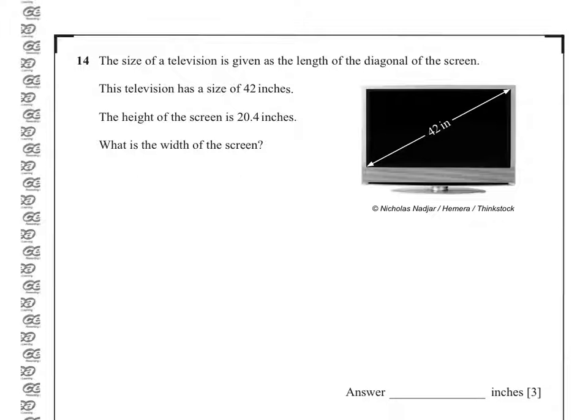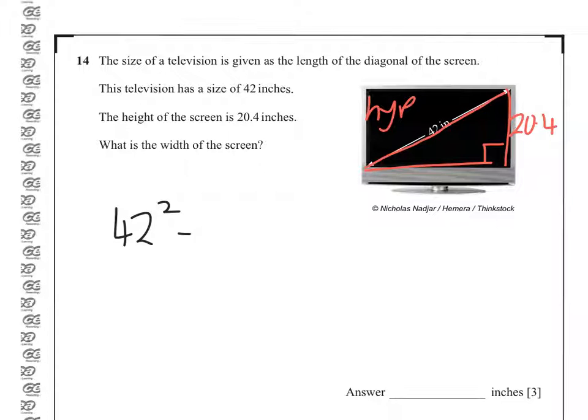We have a right angle triangle, so we have 42 across the diagonal, the height of the screen, which is 20.4, and then we have the width that we've been asked to find. The hypotenuse is opposite the right angle, and Pythagoras' theorem is the hypotenuse squared equals the sum of the squares of the other two sides.